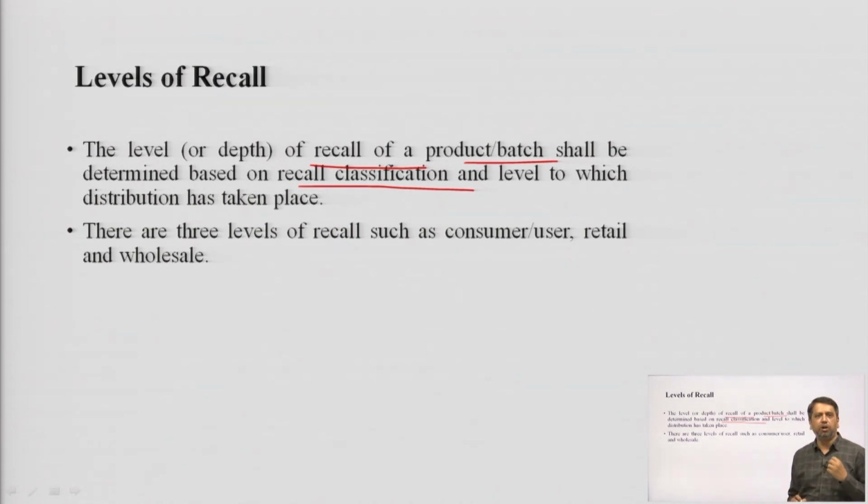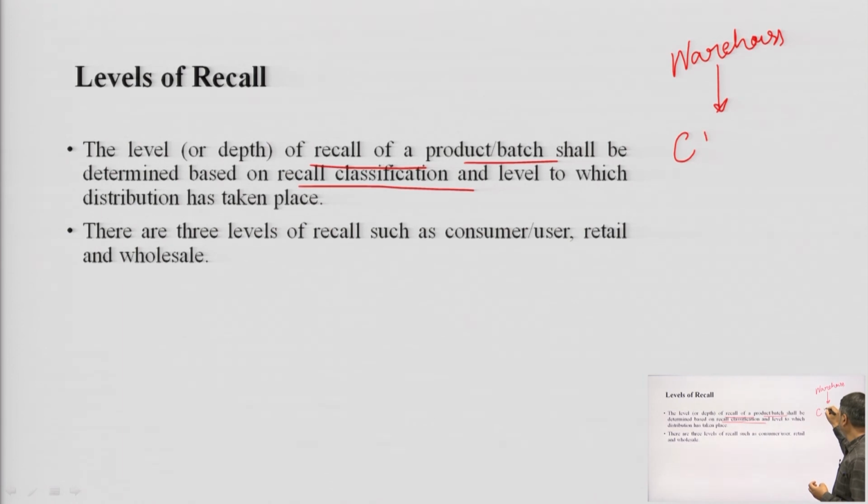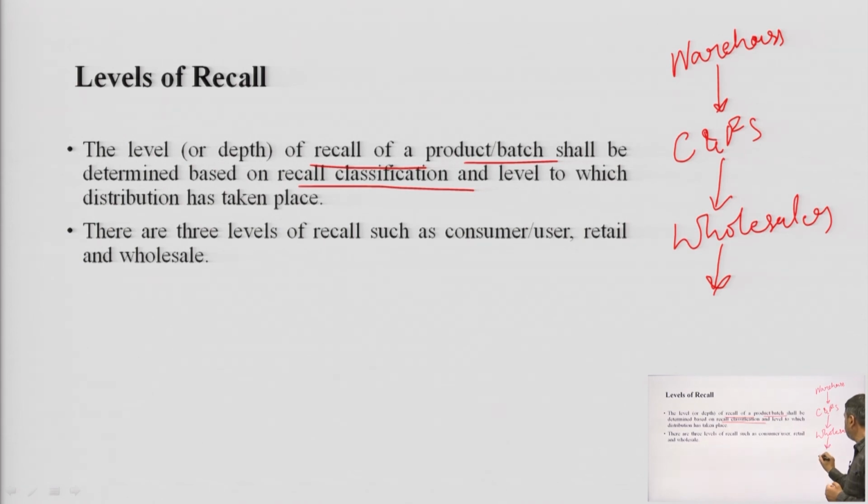As you can easily understand, the product is first stored in warehouses, then distributed to the carrying and forwarding agents, CNFs, or the depots of pharmaceutical companies, then it goes to the wholesalers, then it is distributed to the retailers or pharmacies, and then the customers purchase from there, and finally it reaches the customers.